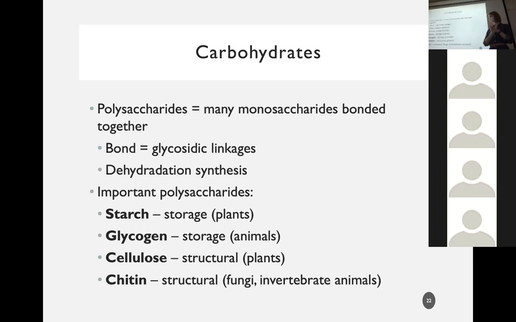And then chitin, which you may or may not have heard of, is structural for fungi, so mushrooms, as well as a lot of invertebrate animals, so insects, lots of crustaceans. All of their exoskeleton, the outside of them, that hard part, is chitin. So 2 storage types of carbohydrates, 2 structural types, 1 for plants and animals, essentially, in each category.